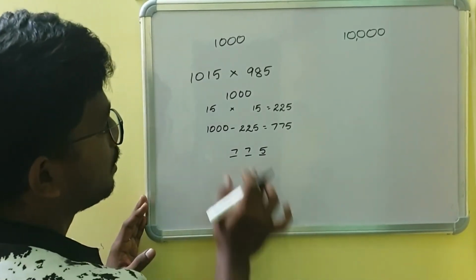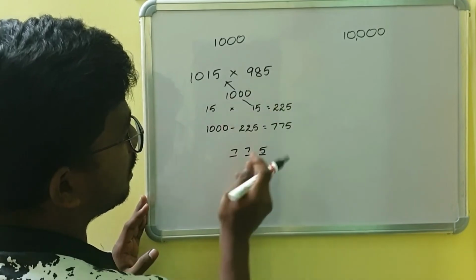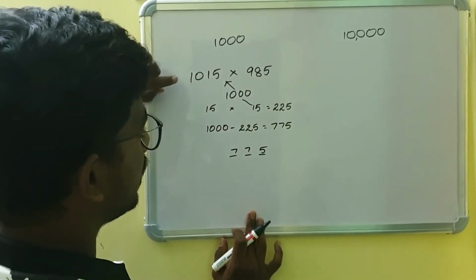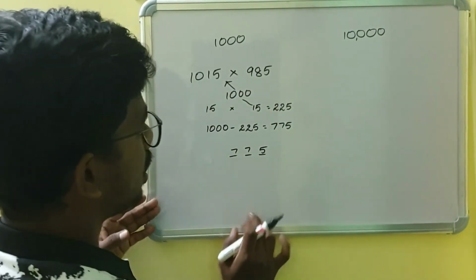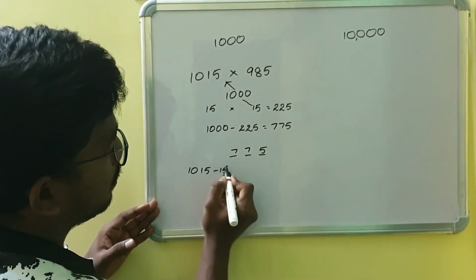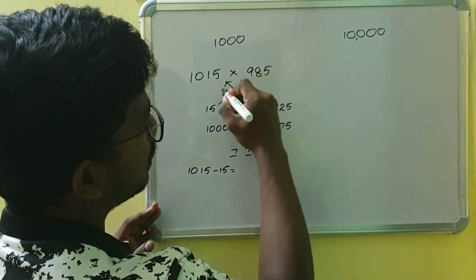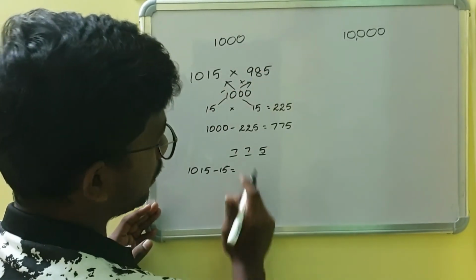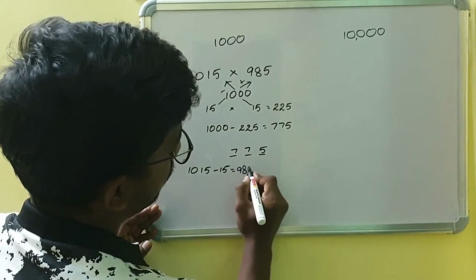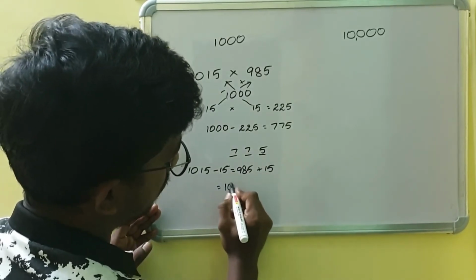After this, we have to subtract the cross difference if the number is greater than 1000. Here 1015 is greater than 1000, so I am subtracting 15 from 1015. And we must add the cross difference if the number is lesser than 1000, so I am adding 15 to 985, which is nothing but 1000.